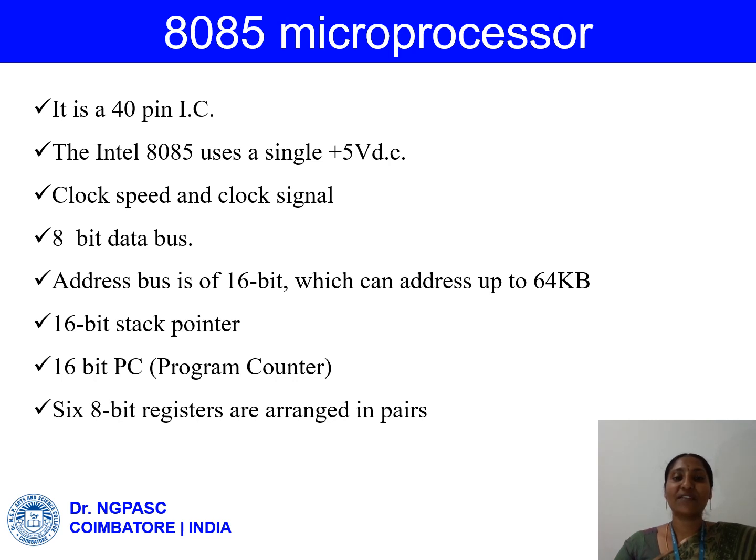Intel 8085 clock speed is about 3.2 MHz and the clock cycle is 320 nanoseconds. It has an 8-bit data bus, a 16-bit address bus, a 16-bit stack pointer, a 16-bit program counter, and six 8-bit registers. The registers are arranged in pairs like BC, DE, HL.